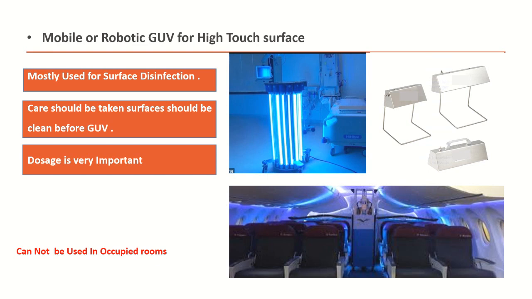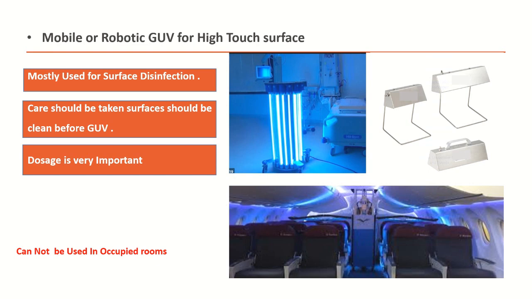We can also go in for mobile or robotic GUV. These are normally trolleys mounted with GUV lamps and normally used for disinfection of various types of rooms, especially the operation theaters and hotel rooms.